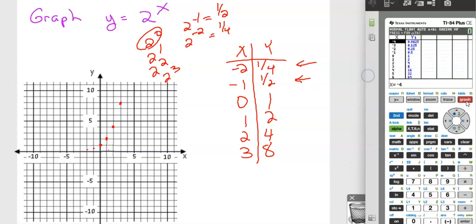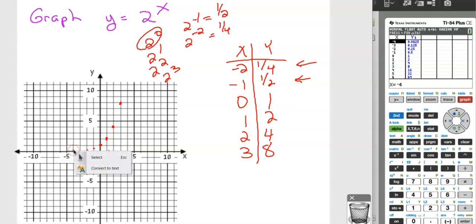Now notice the table. As I get more negative, it looks like it's going to do something like this, like that. But I want you to notice at -4, it's still above the line. It's still positive. It's very tiny, but it's still positive.